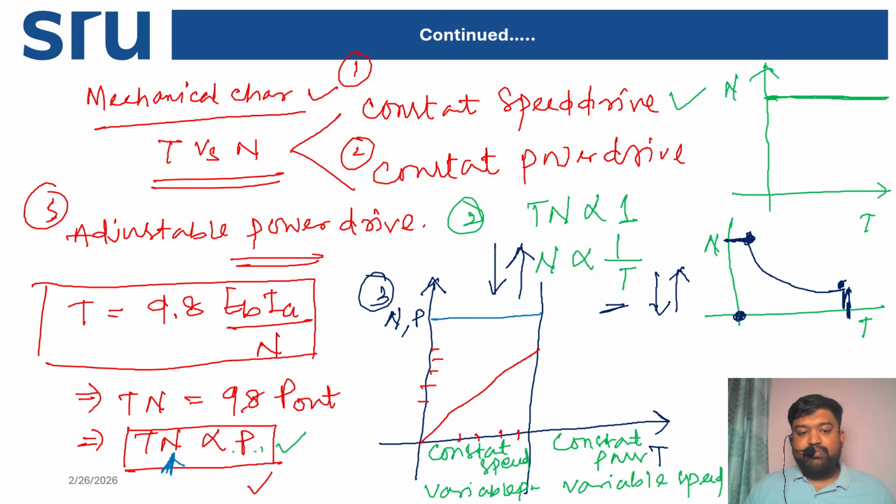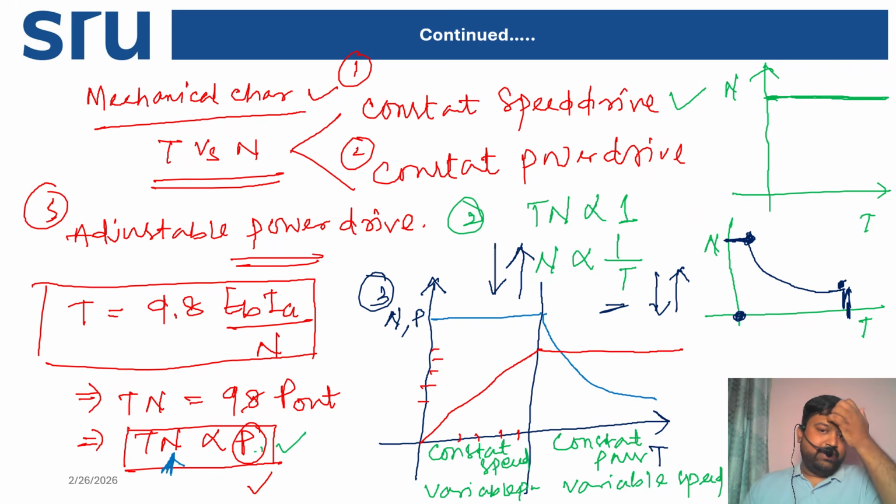But if you make the constant speed, now come to the point constant power. Now you make this one constant. Then here we obtain that speed is inversely proportional to the torque. That means your graph will be like this one, constant power drive, and your power will be constant. This is the graph.